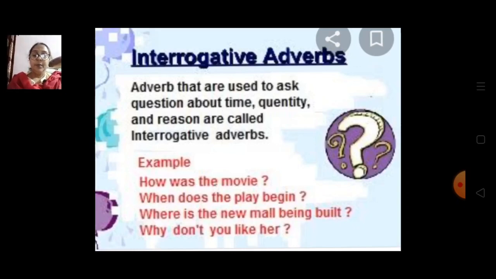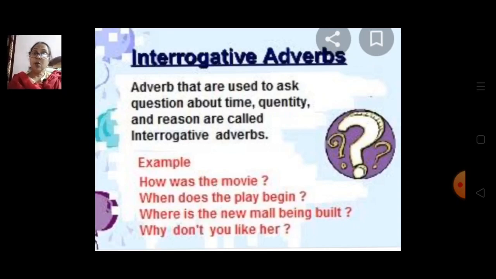Interrogative adverbs are used to ask questions, as we have seen in our earlier parts of speech, that interrogative pronouns and interrogative adjectives are all used to ask questions.